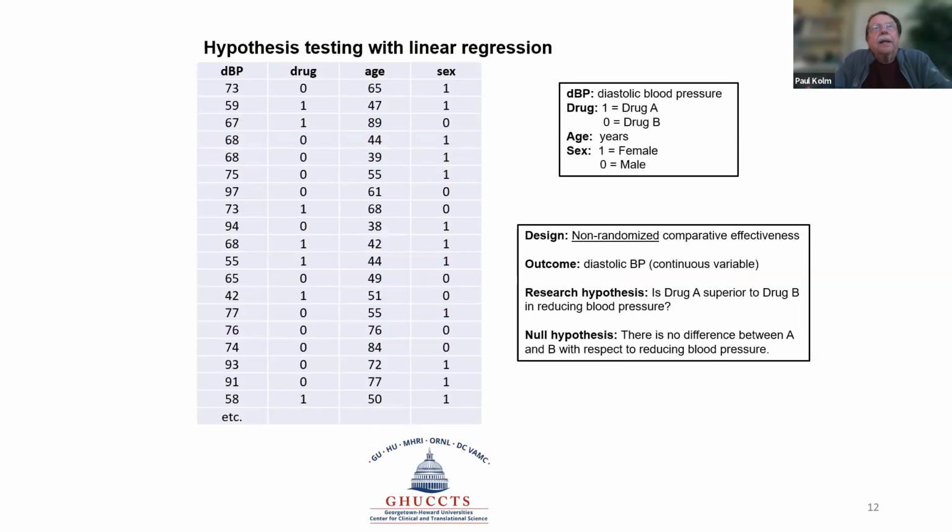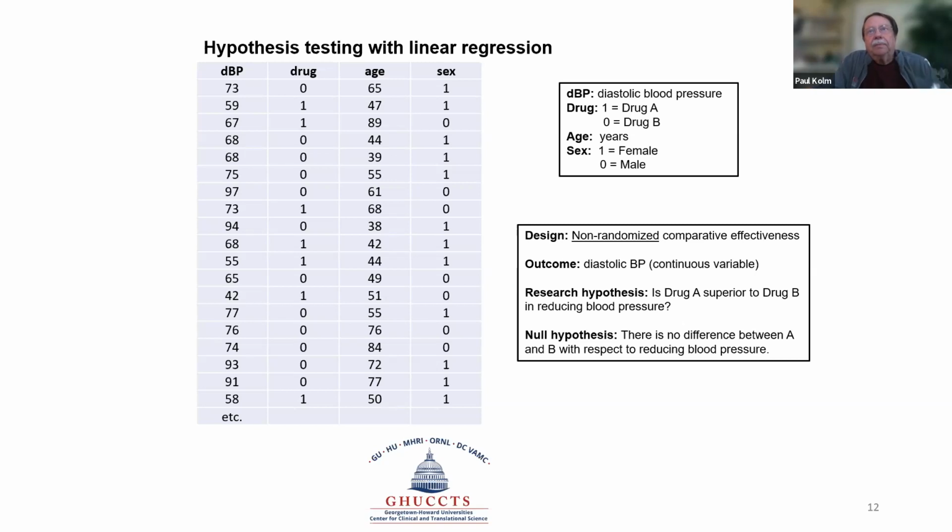So here we want to test the hypothesis of the effect of a drug that's been given, let us call it drug A or drug B, on diastolic blood pressure.